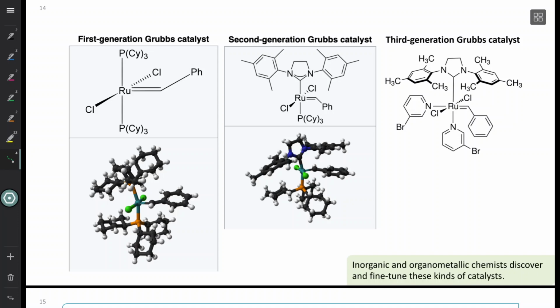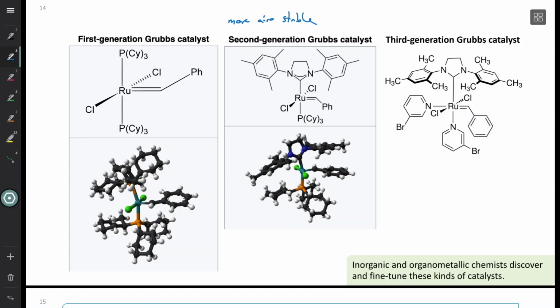So, it's not that the third is definitely better for polymerization. The second is definitely better than the first, because this one is more air stable. So yeah, no, they do get better as they go. They were making improvements.